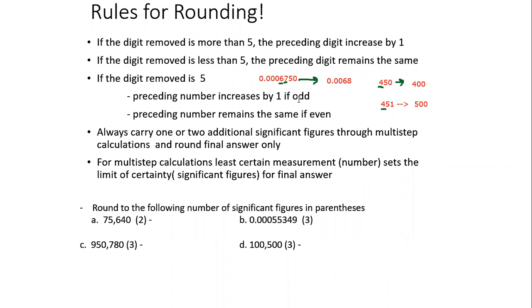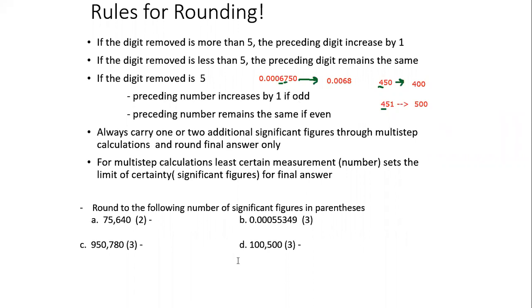So only at the final answer do we round to the correct number of significant figures. And when you're doing these multi-step calculations, the number of significant figures in your answer is based off the numbers you start with and which one has the fewest significant figures. And we'll talk more about that last bullet in a second.